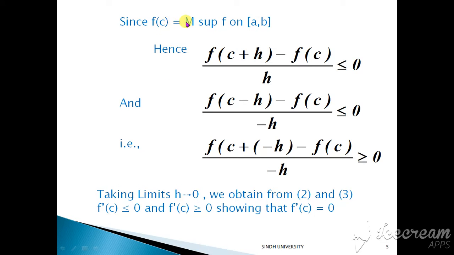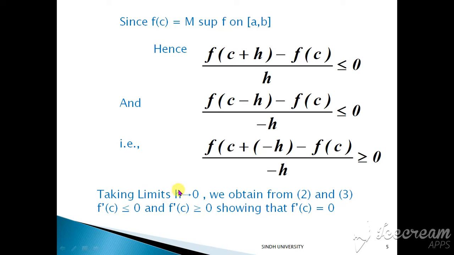Since f(c) is equal to M, the supremum of f on the interval [a, b], hence f(c plus h) minus f(c) over h is less than or equal to 0, and f(c minus h) minus f(c) over minus h is greater than or equal to 0.